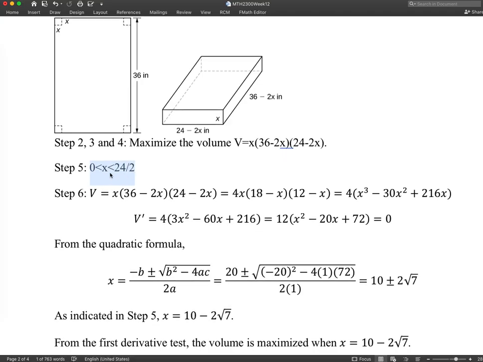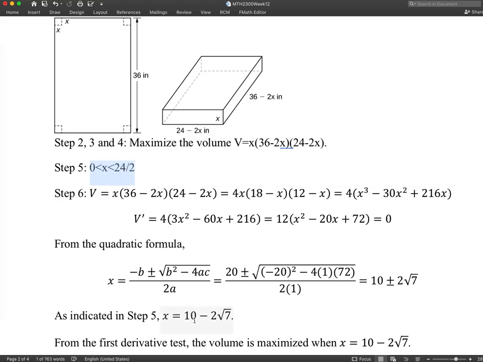I already figured out x cannot go beyond 12. And for the number here, 10 plus 2 times square root of 7, square root of 7, I think it will have to be at least 2.5, right? Then 2 times 2.5, that would be 5. 10 plus 5 is 15. If you take the number with a plus sign, x really is bigger than 15, or bigger than 12. And we realized earlier it's not possible.